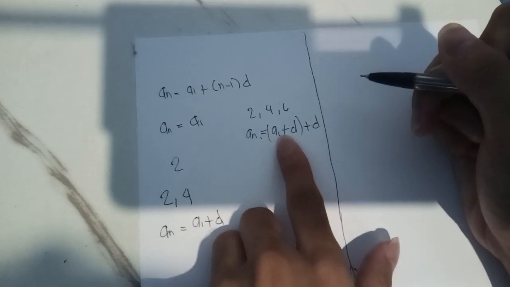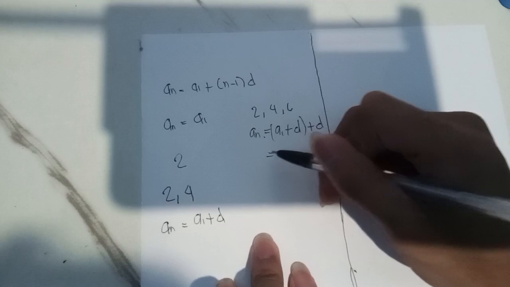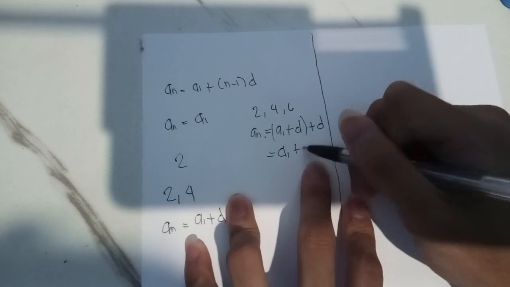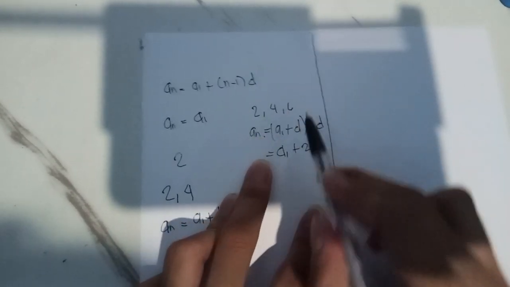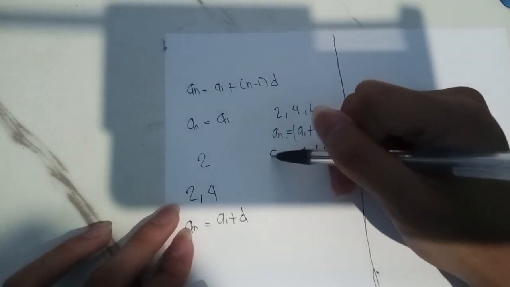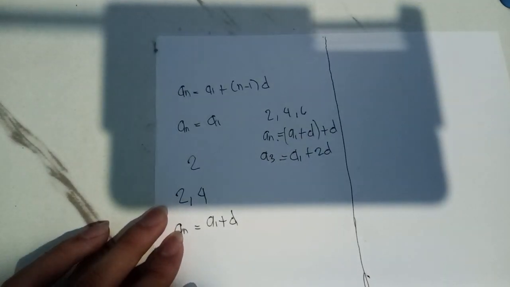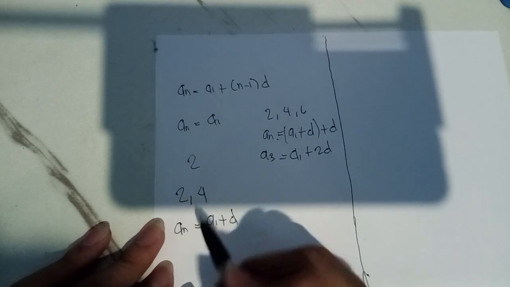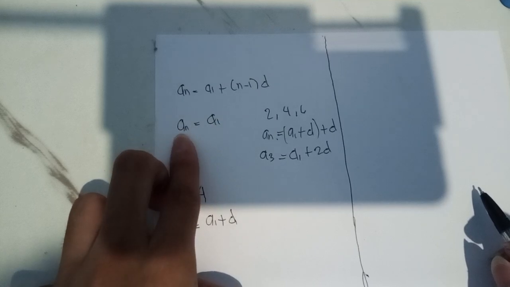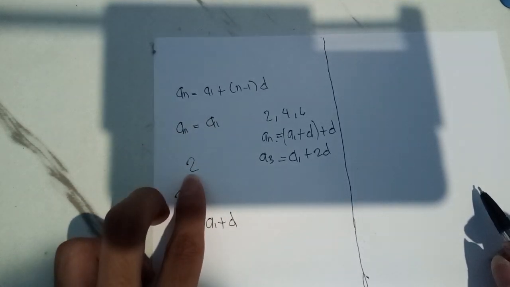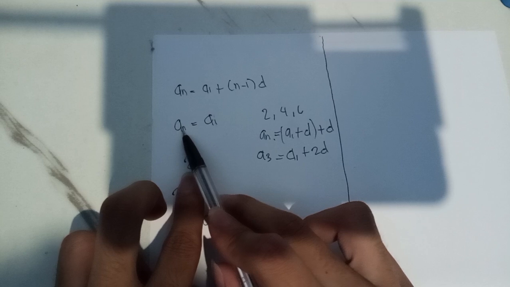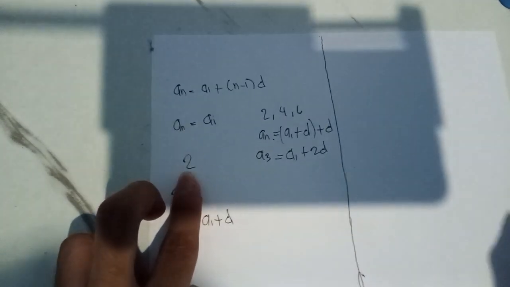And if we combine d and d, we will get a1 plus 2d. Now, since we have three terms, an is a3. Same as here. If we have two terms, we have a2. So we say na first term is equal to the last term if the term is only one, because a1 will equate to a sub 1 also.